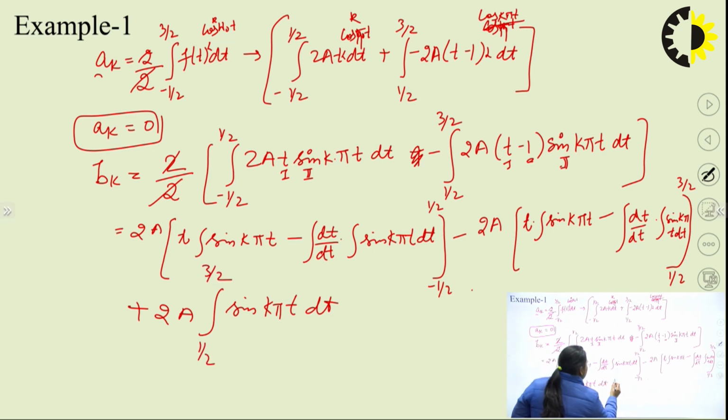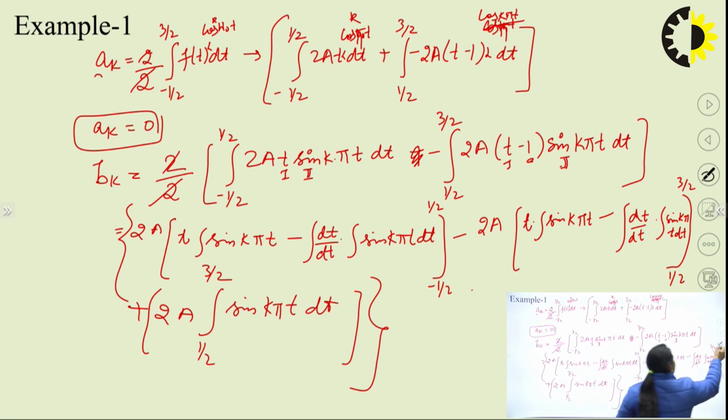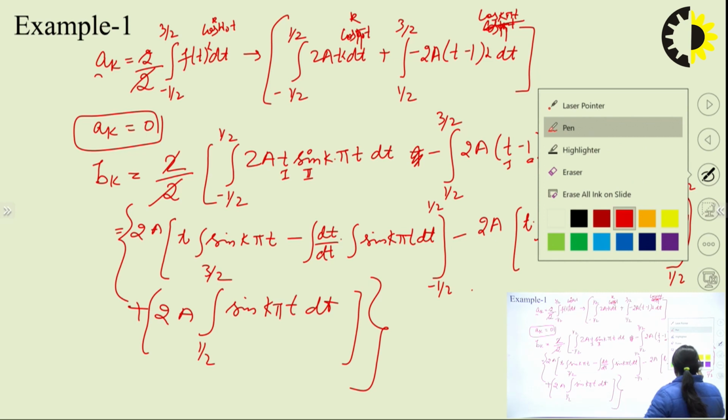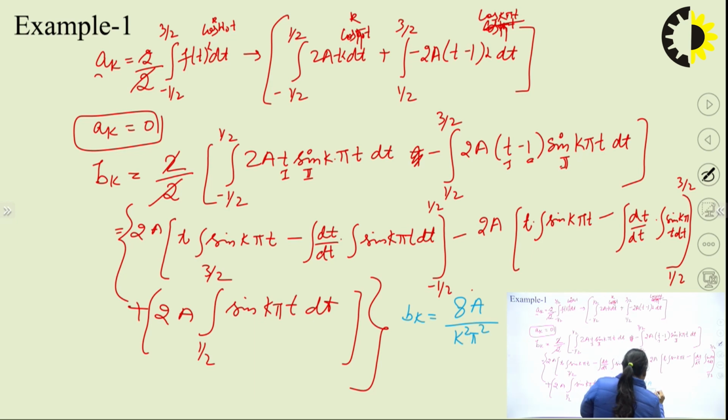So this is the third term, and this is the total value of the bk. While solving out this value, bk will come out to be, after solving it, 8a upon k square into pi square into sine k pi by 2.